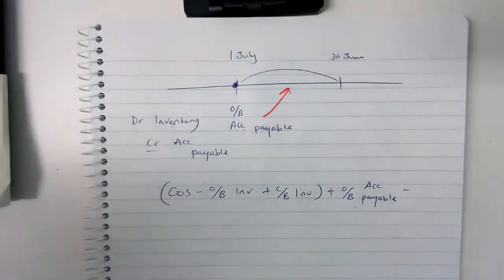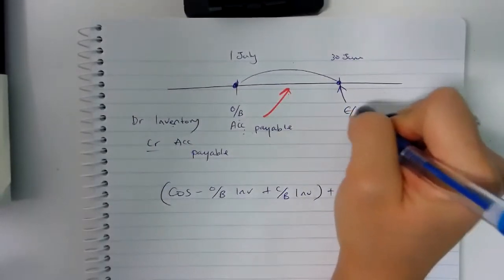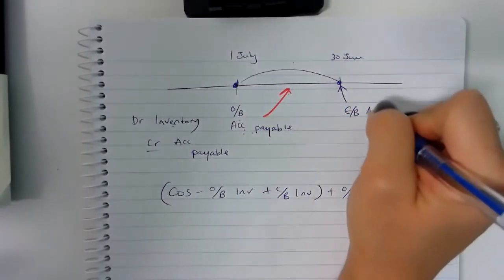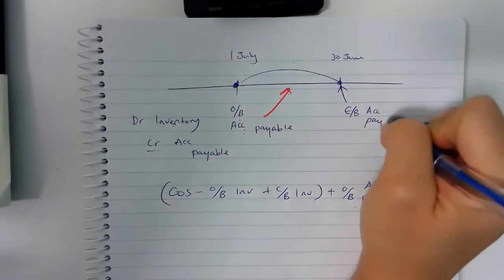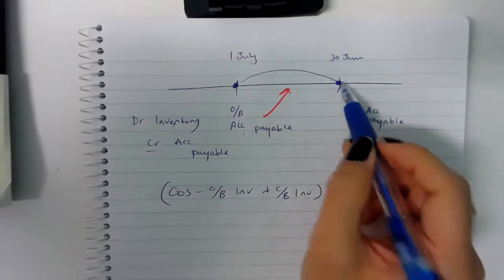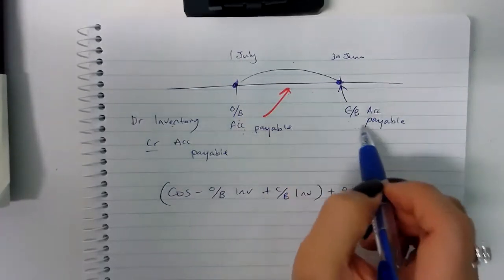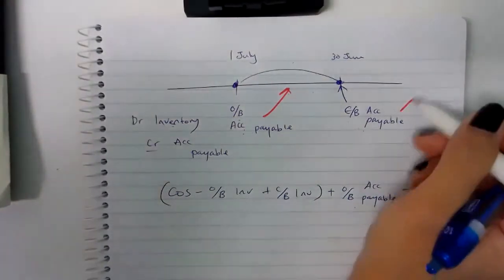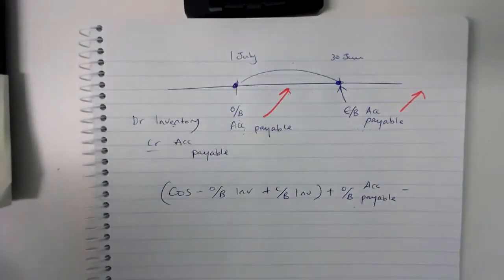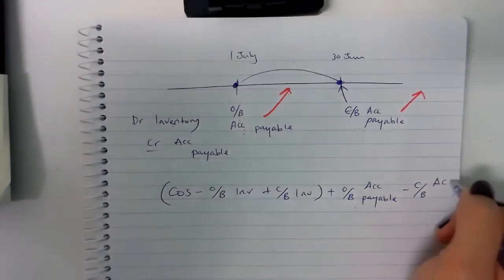Now, however, if they had ending balance or closing balance of accounts payable, doesn't matter. Ending balance or closing balance of accounts payable means that they bought inventory during this year, but they haven't paid. When would they pay for this? Next accounting period, right? So that's why we need to exclude the closing balance or ending balance, same thing.